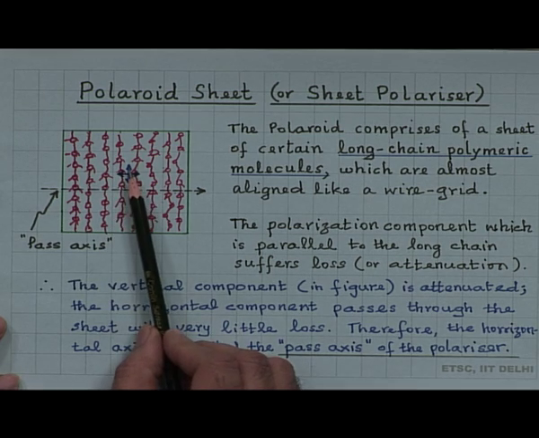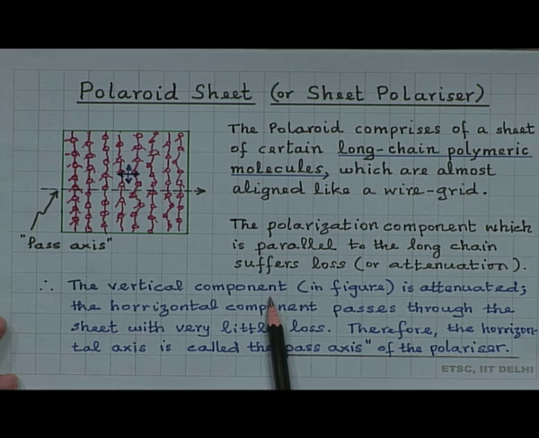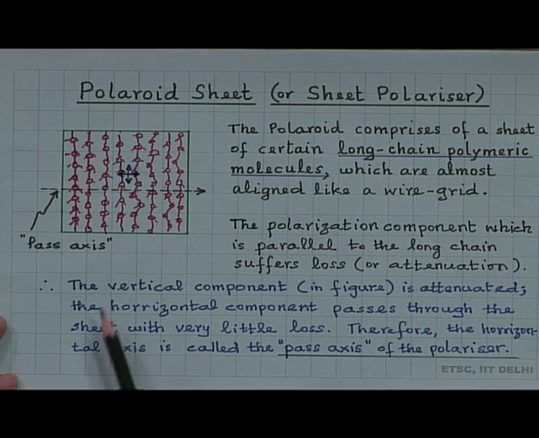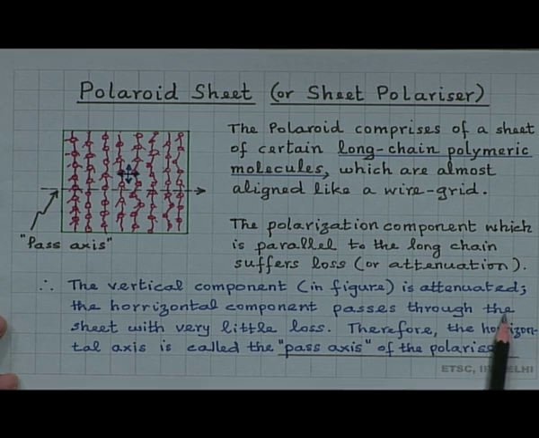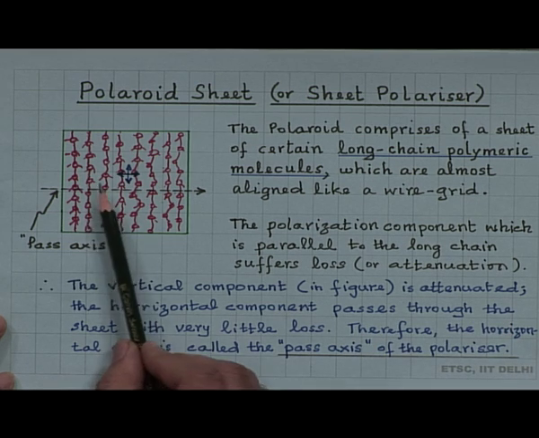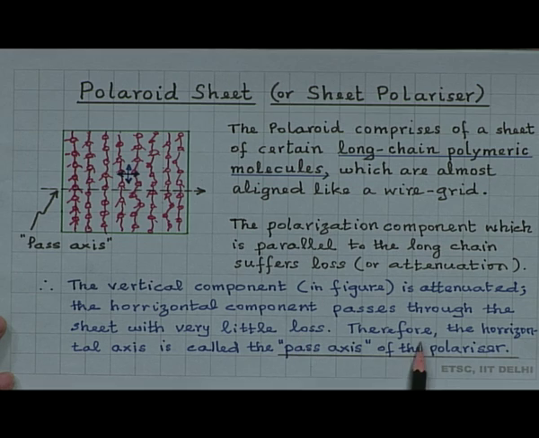So, in this figure, the vertical component is attenuated, that is absorbed. The horizontal component passes through the sheet with very little loss, and therefore the horizontal axis is called the pass axis of the polarizer.